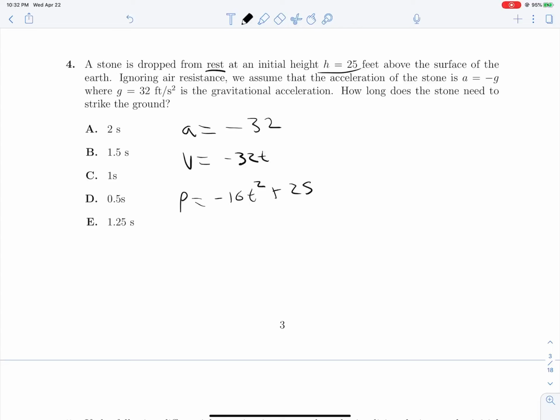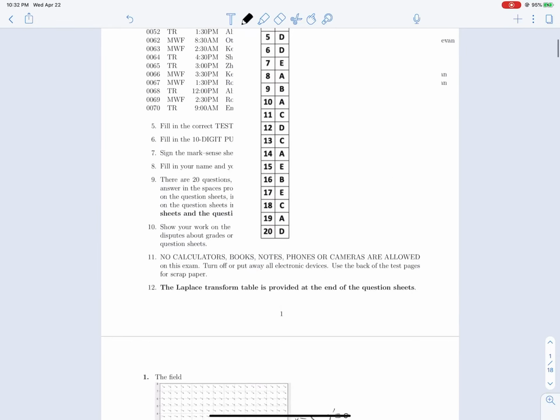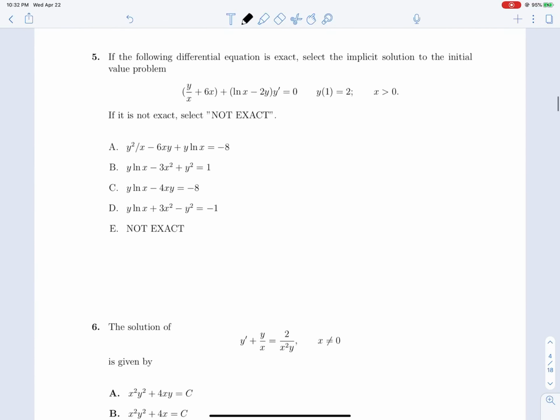And we're solving for p equal to 0, solving for t. So we can say that 16t squared is equal to 25, or t is equal to plus or minus 5 over 4, but we're not having negative time, so 5 over 4 seconds is our answer. We strike the ground at 1.25 seconds, which is E.